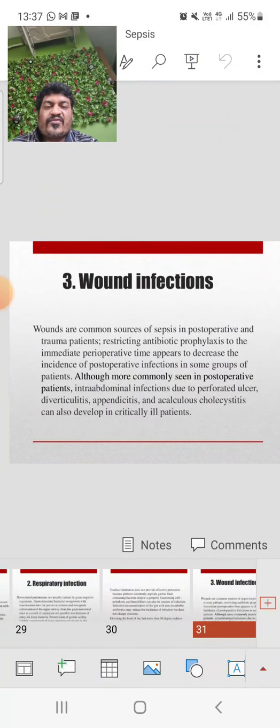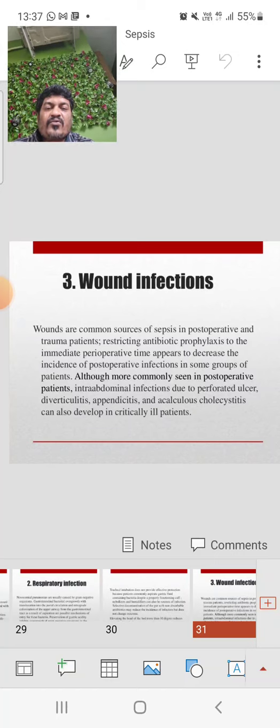Wounds are a common source of sepsis in post-operative and trauma patients. Restricting antibiotic prophylaxis to the immediate pre-operative time appears to decrease the incidence of post-operative infections in some groups of patients.